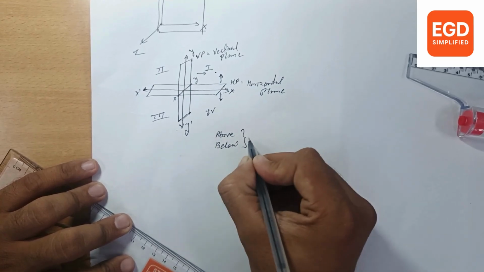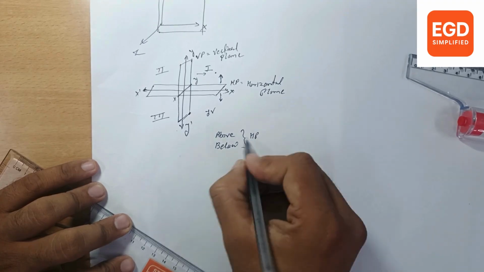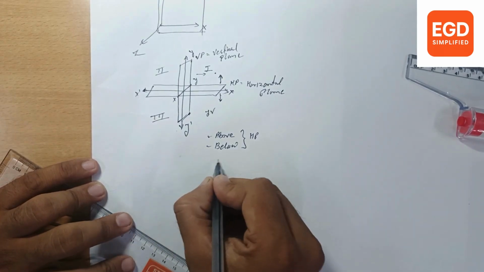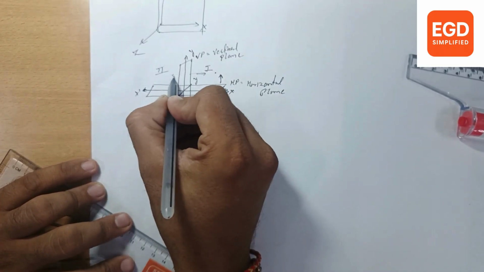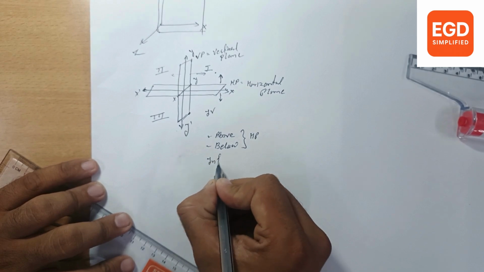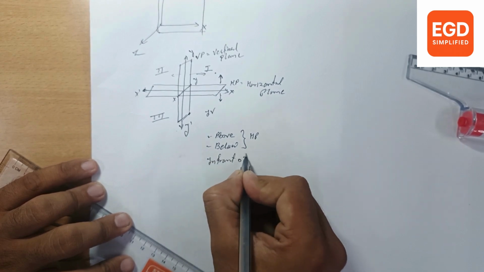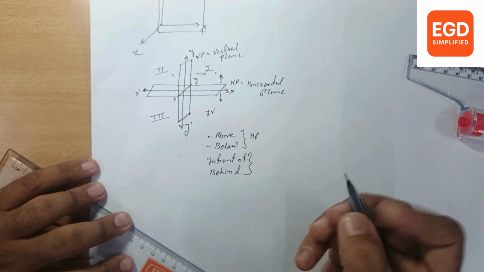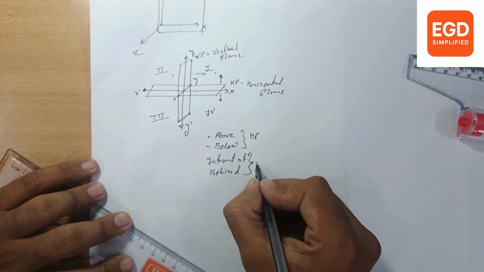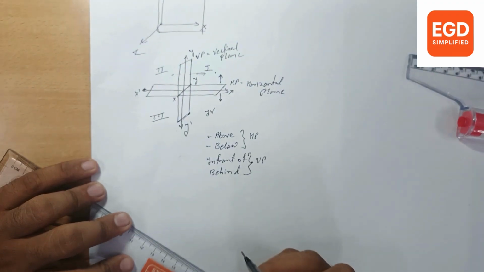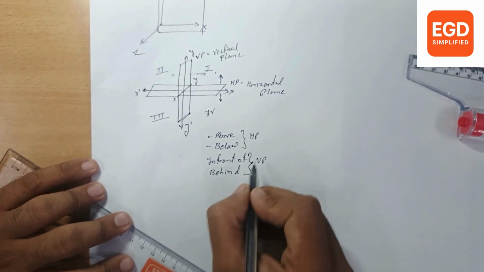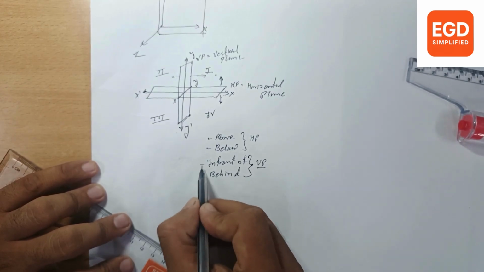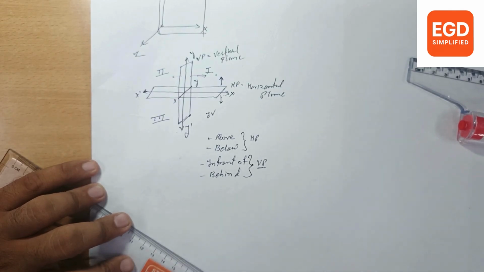When the point is given with reference to the horizontal plane, these two words will be used. And in front of and behind: these words will be used for the vertical plane. When the point is given with reference to the vertical plane, the words in front of and behind will be used.